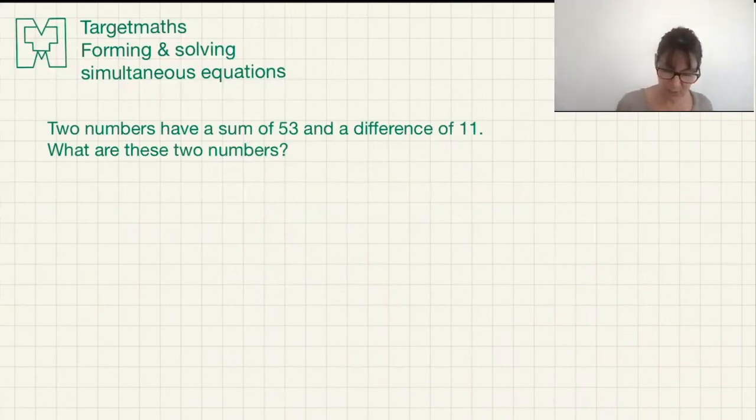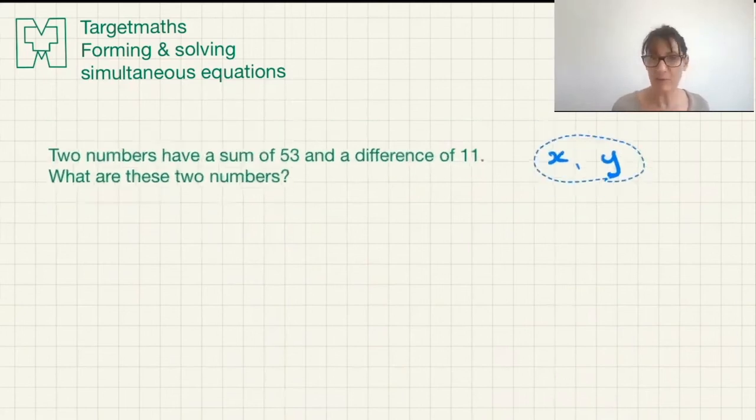So let's look at this first one. I've got 2 numbers. So let's say those numbers are x and y. They could be A and B, they could be E and F, they could be whatever I want them to be, but I'm going to call them x and y because I don't know what they are. They have a sum of 53.